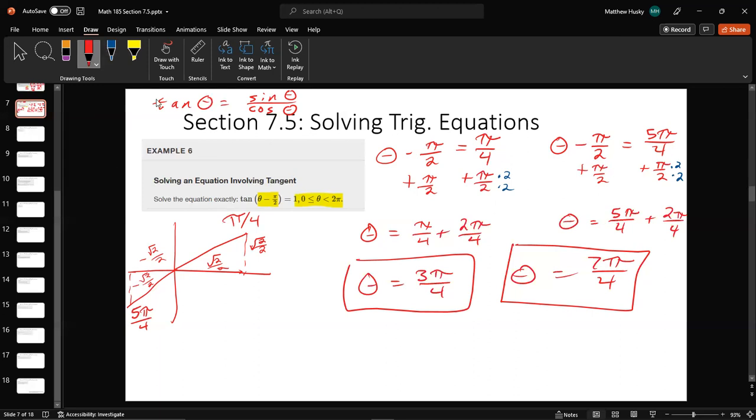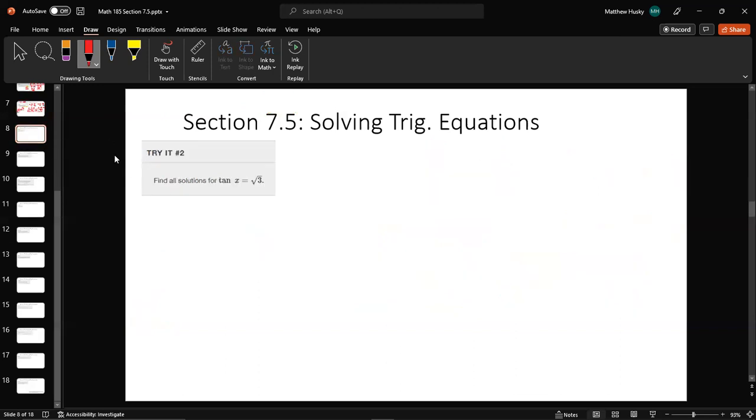Okay, what else do we have going on here? Find all solutions for tangent of x equals root 3. Note that this is all solutions. If tangent of x is sine over cosine, and this is the square root of 3, we basically have root 3 over 1, which would come from root 3 over 2 divided by a half.